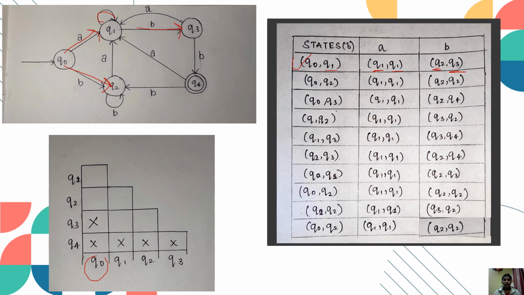Similarly, we need to check if any of the states is marked over here. We have to check if Q1 in this table doesn't exist, so we'll keep it aside. And Q2 Q3 also doesn't exist.